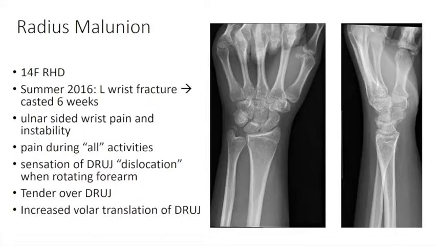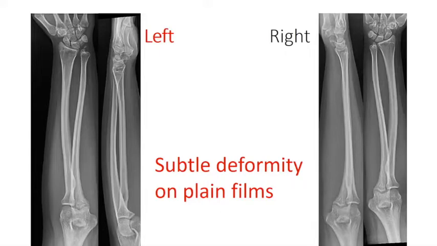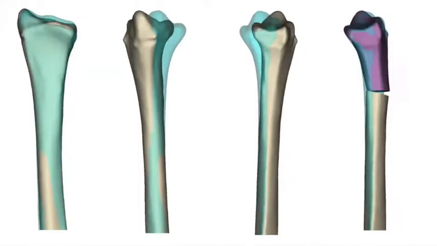Last case, which is the case that I showed earlier, it's a 14-year-old with a very subtle deformity and instability. And even with full form x-rays, the deformity is quite subtle, and it's subtle enough that it's hard to convince yourself to do an operation on a child that doesn't have a dramatic deformity.